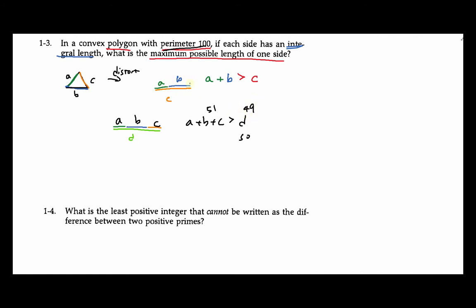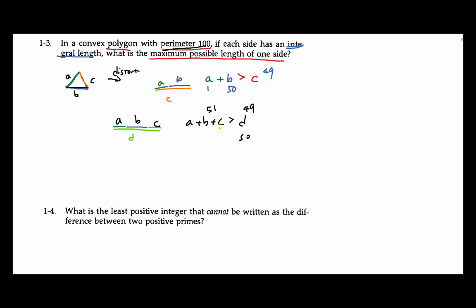In the same manner, for triangle, we can have 49 here. Now it didn't say the polygon has to be same side, so I can have something like 1 and 50 like that. Even though it's very distorted, this is still possible as long as A plus B and C equals 100. Okay, same thing.